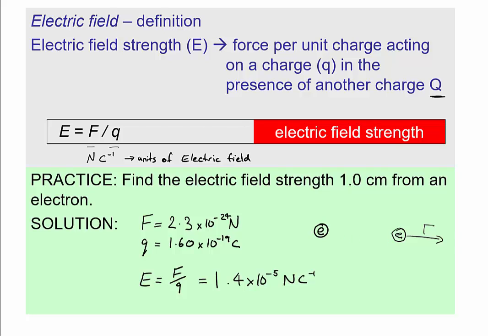We've worked out the force. Now let's work out the force per unit charge, and that gives us the electric field at that point. And in the next slide we're going to look at a more generalized form of the size of the electric field, where we actually calculate what this F is and put it into the equation.